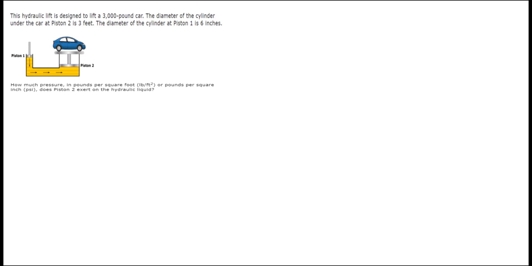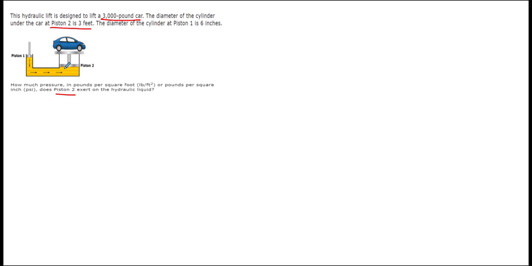Okay, next problem. The hydraulic lift is designed, so same lift, 3,000-pound car, which is going to be important in this. The diameter of the cylinder under the car is 2 feet. It says how much pressure in pounds per square foot does piston 2 exert on the hydraulic fluid? So this fluid is stuck in this system.